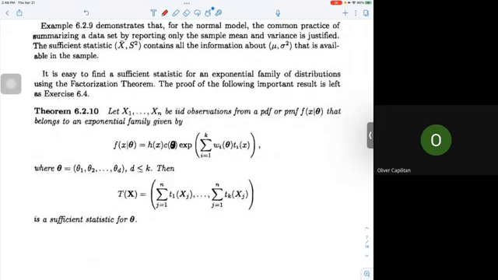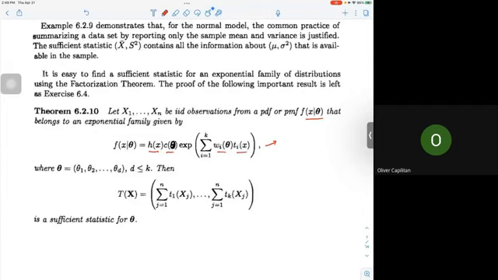We have a sample x sub 1 up to x sub n IID from a PDF that belongs to an exponential family. When we say the PDF belongs to an exponential family, the PDF can be expressed as a product of these functions. This is just a function of x. This is a function of the parameter. And then exponential, the finite summation of the function of the parameter and a function of x.